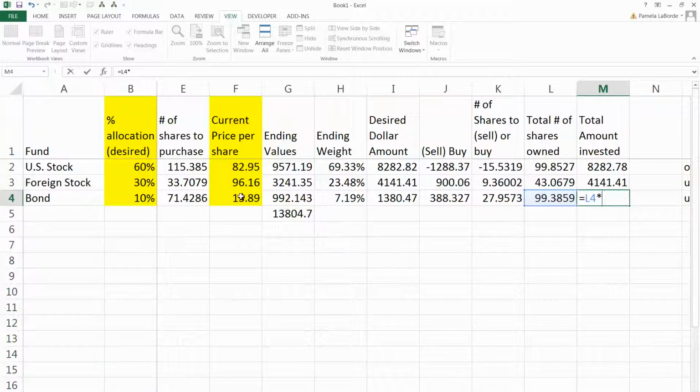They're each trading at $13.89. That gives me $1,380 invested in that fund, which agrees with what I wanted to have in it. So I was just here showing that this does work out. If I sum these three numbers, that equals how much my portfolio is worth, 13,805.